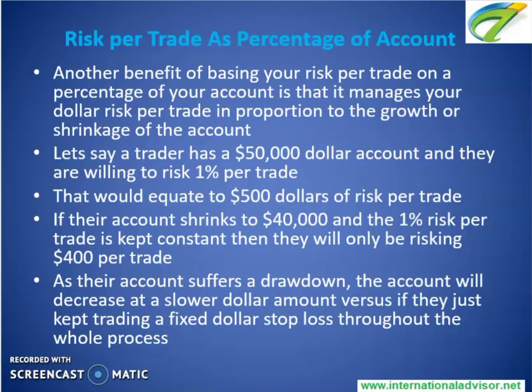As their account suffers a drawdown, the account will decrease at a slower dollar amount versus if they just kept trading a fixed dollar stop loss throughout the whole process.